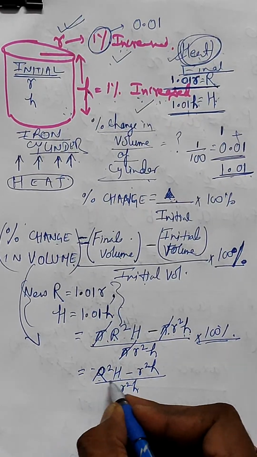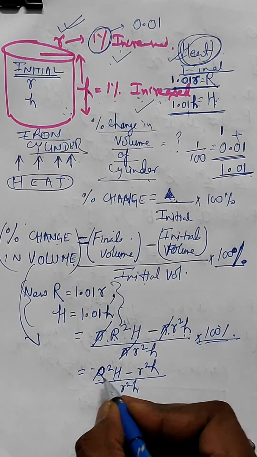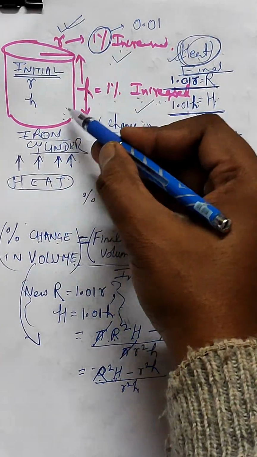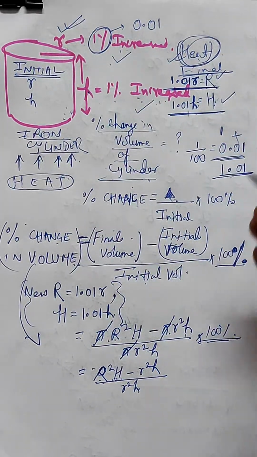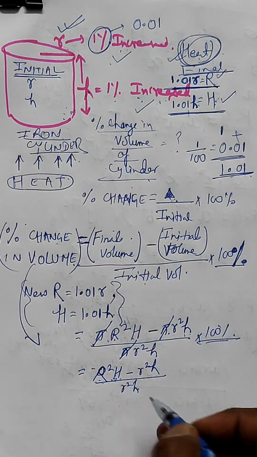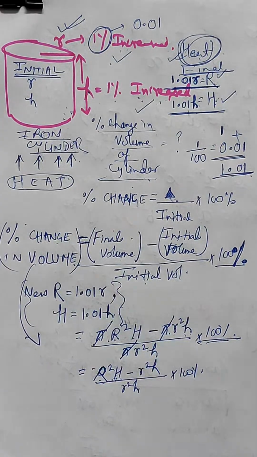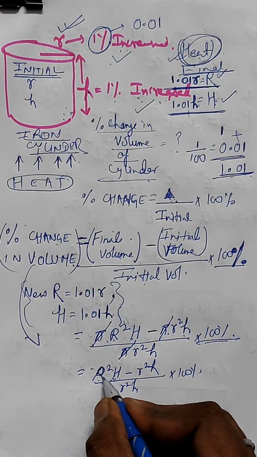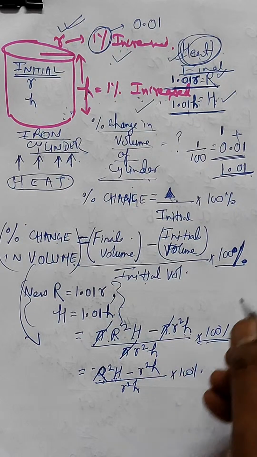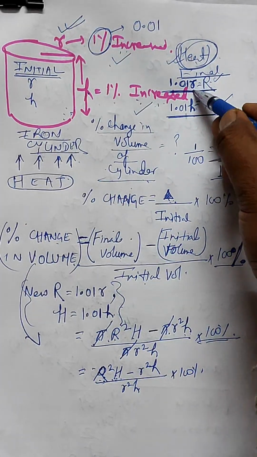Mind it, this is capital R and capital H. This is for the increased radius and increased height after heating. So into 100%, this will be the percentage change in volume. And what is the value of capital R? The value of capital R is 1.01 r, right?